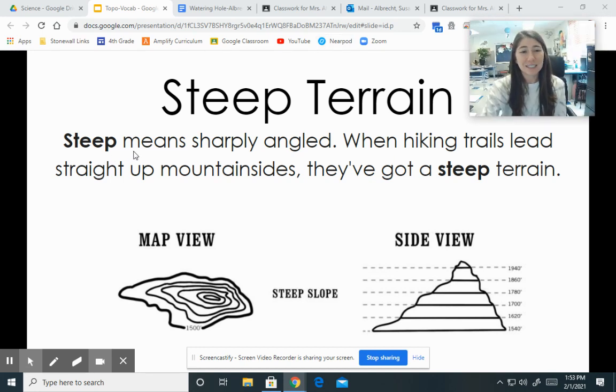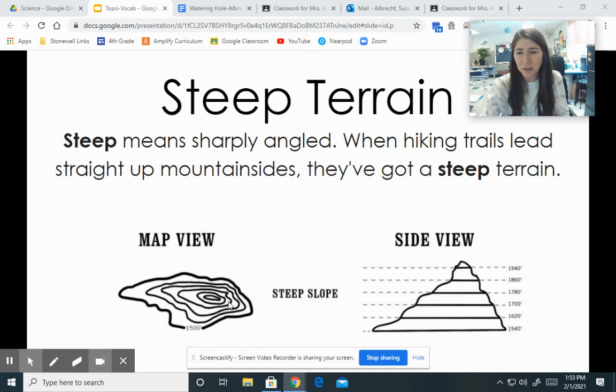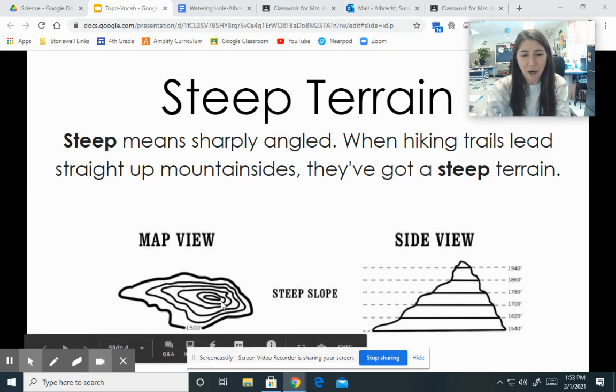So it says steep means sharply angled. When hiking trails lead straight up a mountainside, you've got a steep terrain. You're going to know it's a steep terrain if the contour lines are really, really, really close together. If you look at this picture here, the contour lines are really close together.